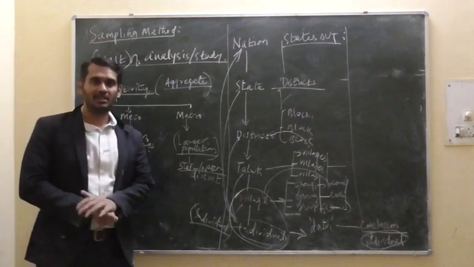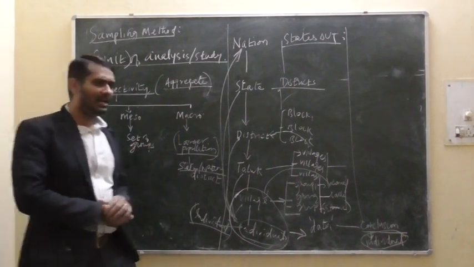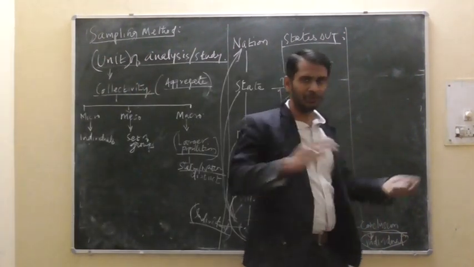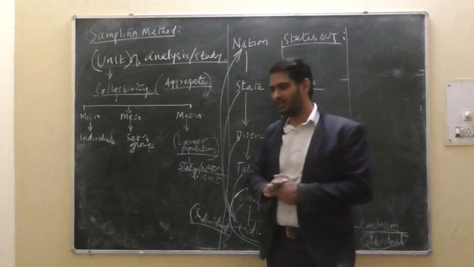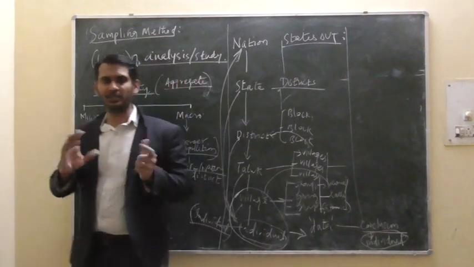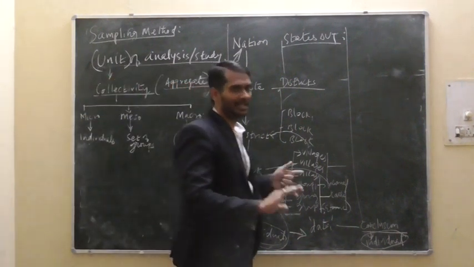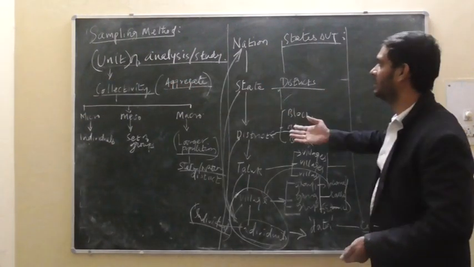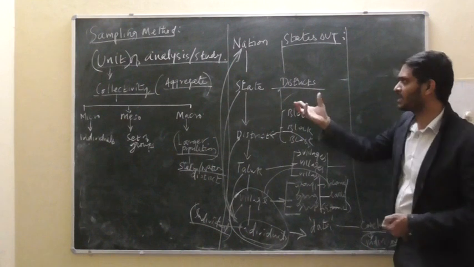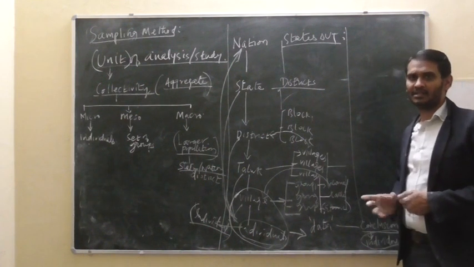Okay. So with this lecture, I am trying to conclude both the things. I'm clubbing both the lectures: sampling methods as well as the explanations on the unit of analysis.